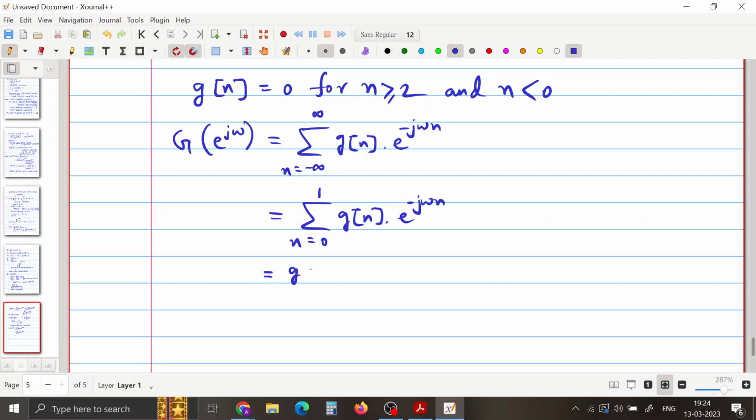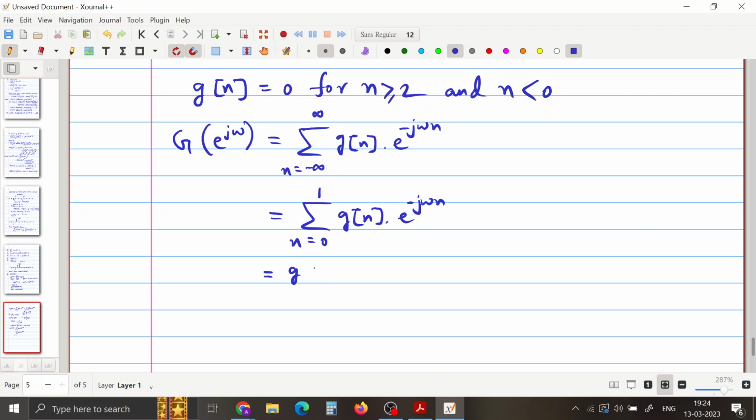They said g of n is 0 for n greater than or equal to 2, so for 2, 3, 4 and so on, it vanishes.